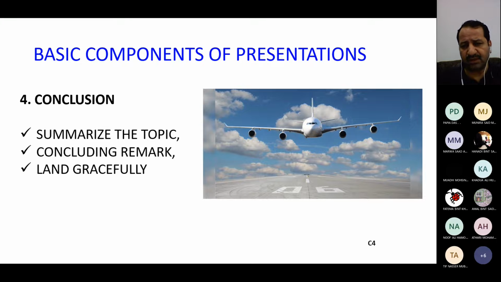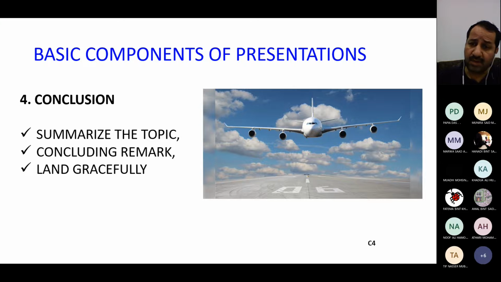Sometimes people write the conclusion like an introduction. No, you try to focus more on the conclusion extracted from your work based on your experimental results and observations. So summarize the topic at the beginning, introduce it in one line, then summarize the problem, and then you put the concluding remarks.